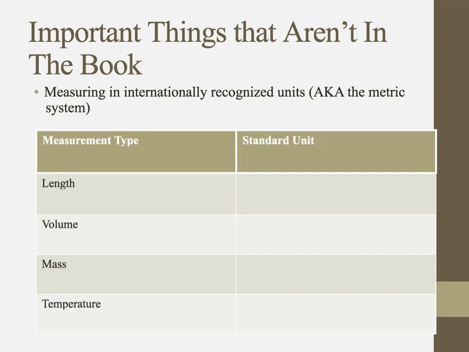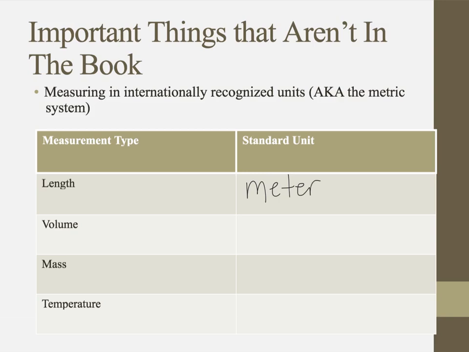Okay, so another thing that your book doesn't do a great job of touching on here in the beginning is measurement types. And we're going to be using the metric system pretty exclusively. So let's do a quick review there. For length, we're going to be using the meter as the standard unit.